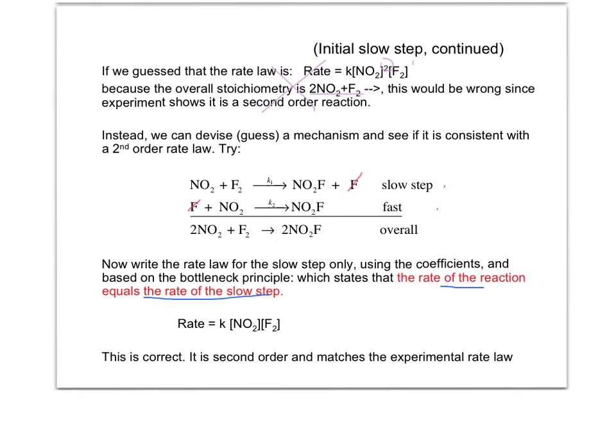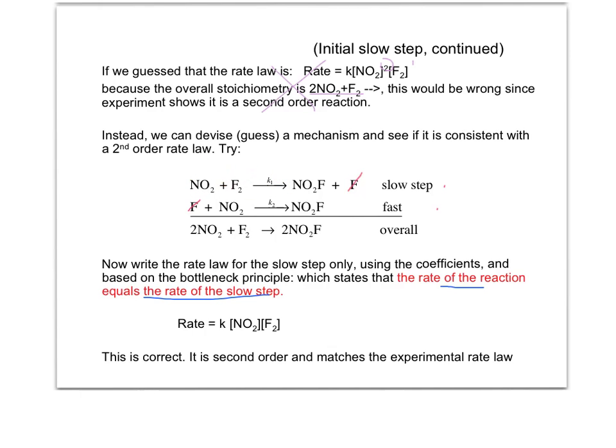So now, smaller pointer here. Now you can just write the rate of the slow step. Here's the slow step. You say rate is equal to K1 times NO2 times F2.